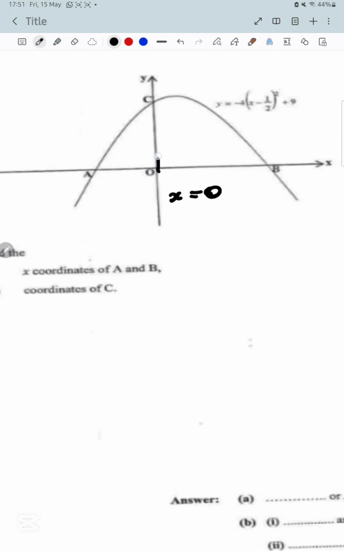This line for x is equal to 0. And on coordinate C here, because that line x is equal to 0, meaning we are going to put in this equation wherever there is x by 0, meaning we're going to find the y variable.